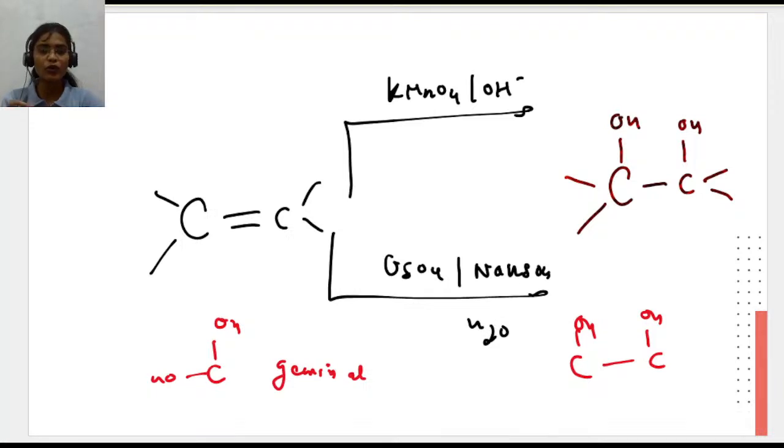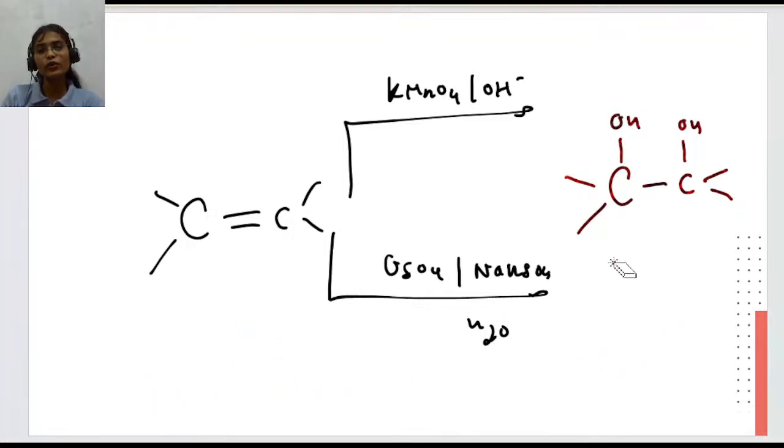This is point number one: we are getting a vicinal diol. Now the second point: in both the cases, we follow syn addition. This is important, I am repeating again.